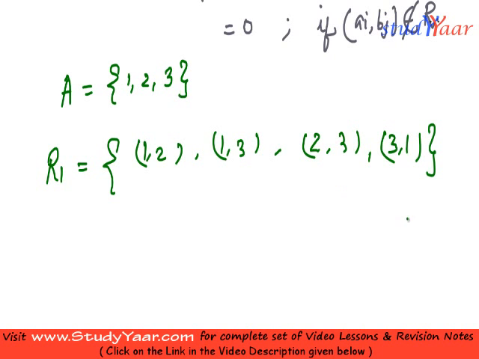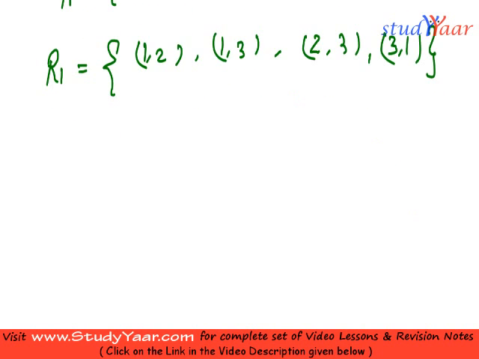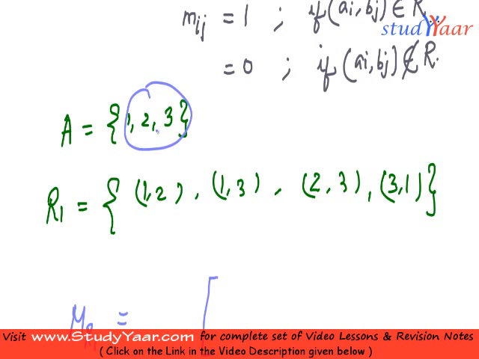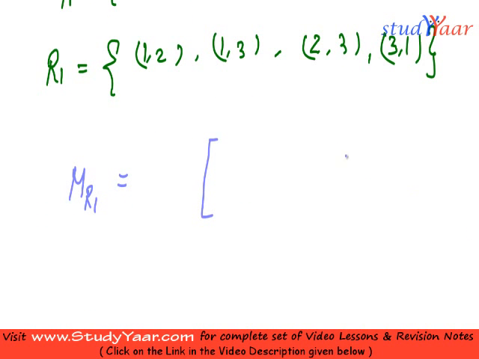So my R1 is an A cross A relation, from A to A. Now I am going to represent MR1 like this. It is going to be a 3 into 3 matrix. I am going to write 1, 2, 3 over here, and 1, 2, 3 over here.